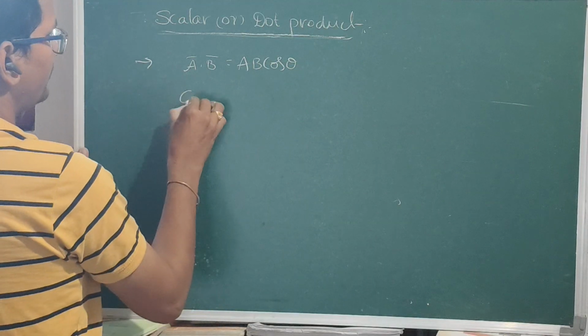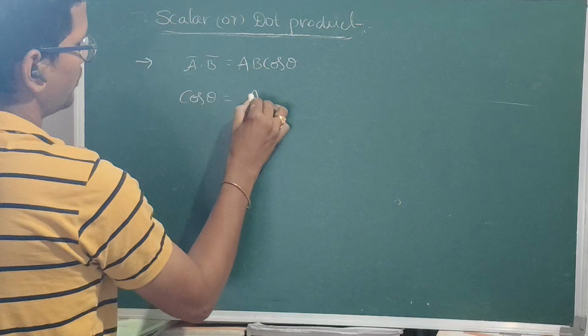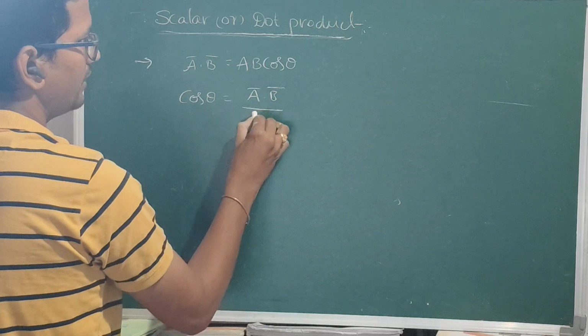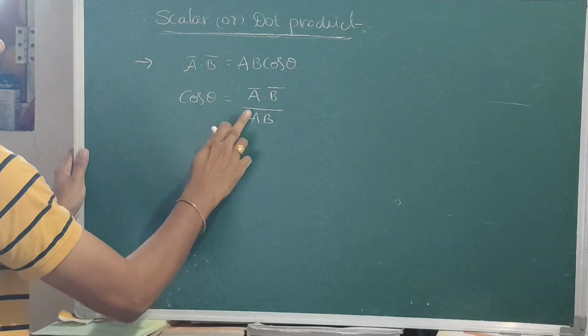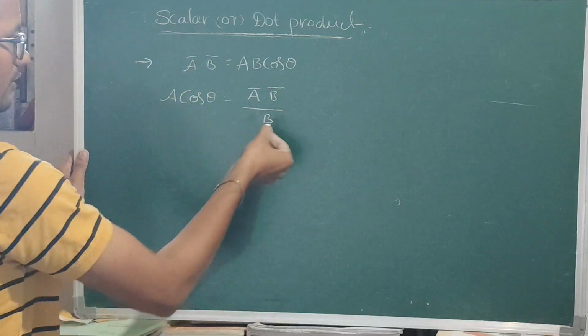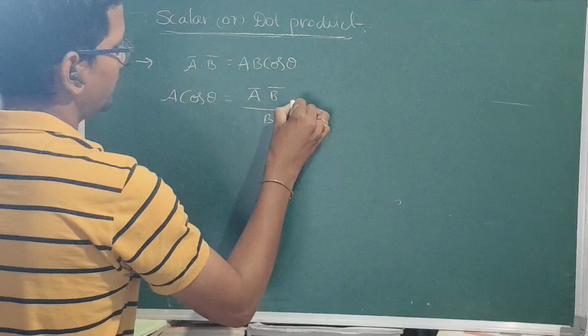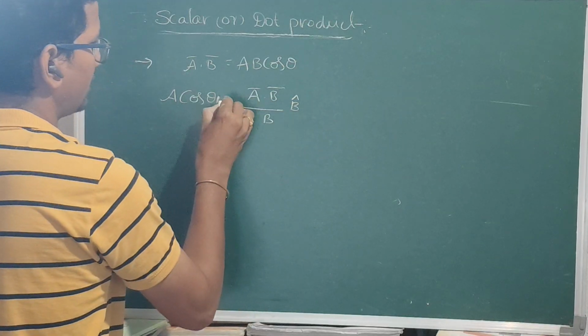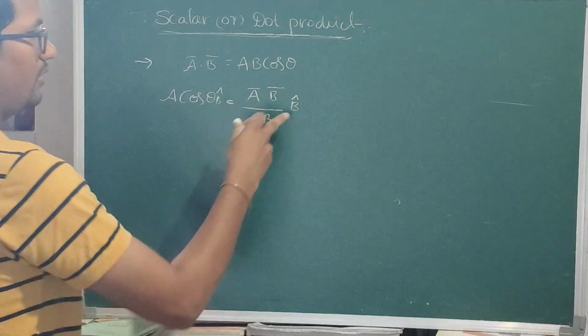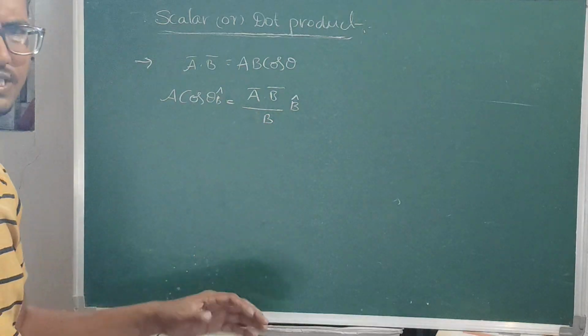From this, cos theta is A bar dot B bar by AB. If you want to find A along the B vector, we need to write the unit vector B cap, which indicates the direction only.